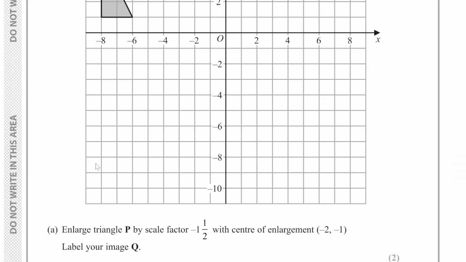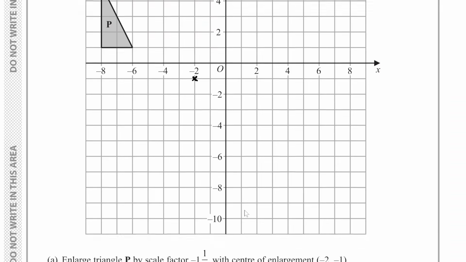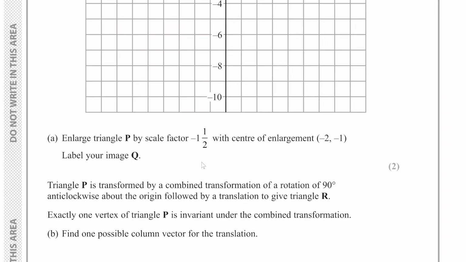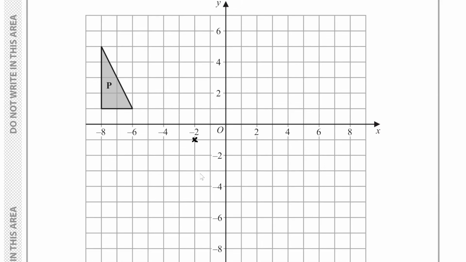Question 18. Enlarge triangle P by scale factor minus 1.5 with centre of enlargement -2, -1. And label your image Q. So the scale factor is minus 1.5. So to go from our centre of enlargement to this green point here, we go back 1, 2, 3, 4, and up 2.